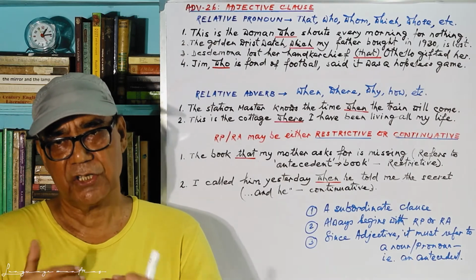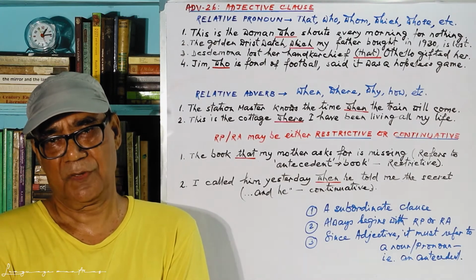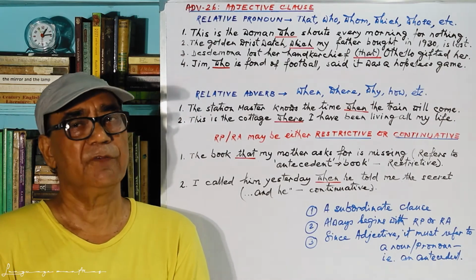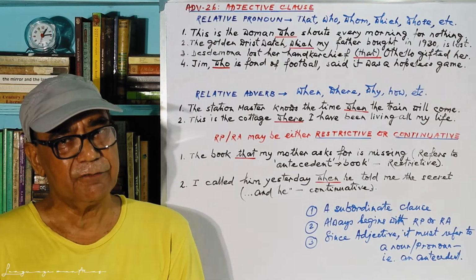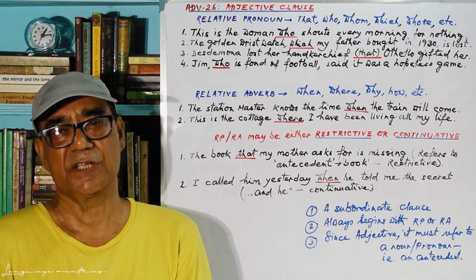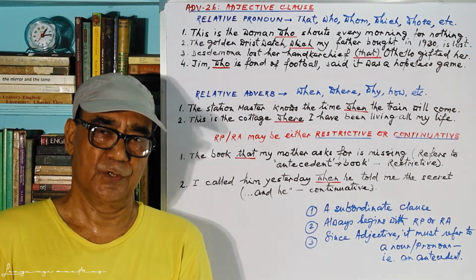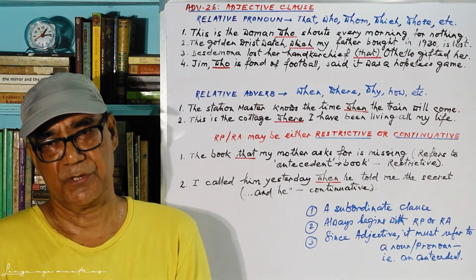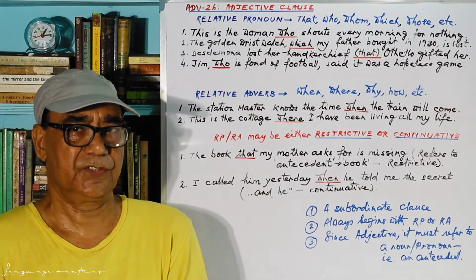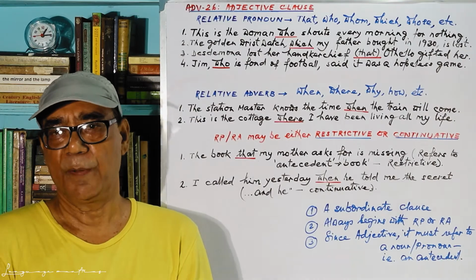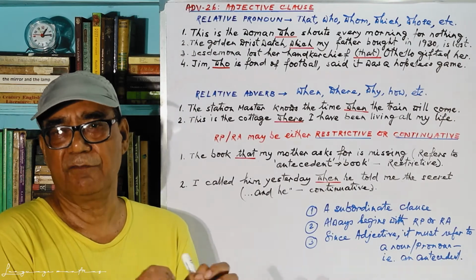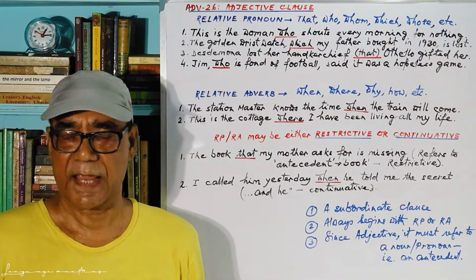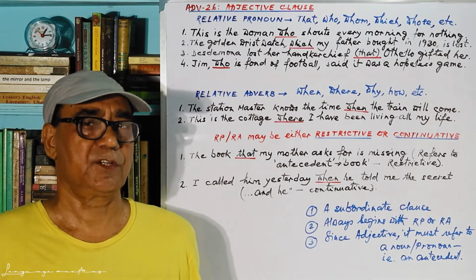So far as function is concerned, the function of an adjective is to describe and qualify a noun, and the function of an adjective clause is the same. It also qualifies and describes a noun. So in that case, function of an adjective clause and function of an adjective is the same. There is no difference at all.